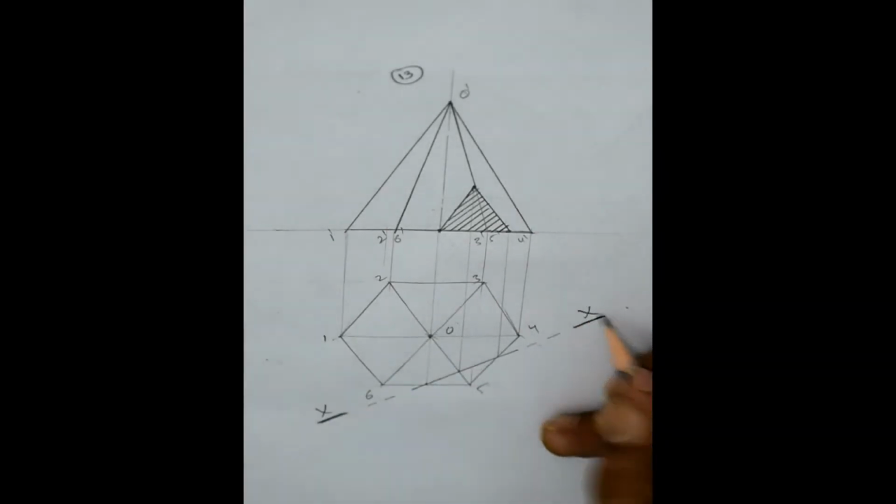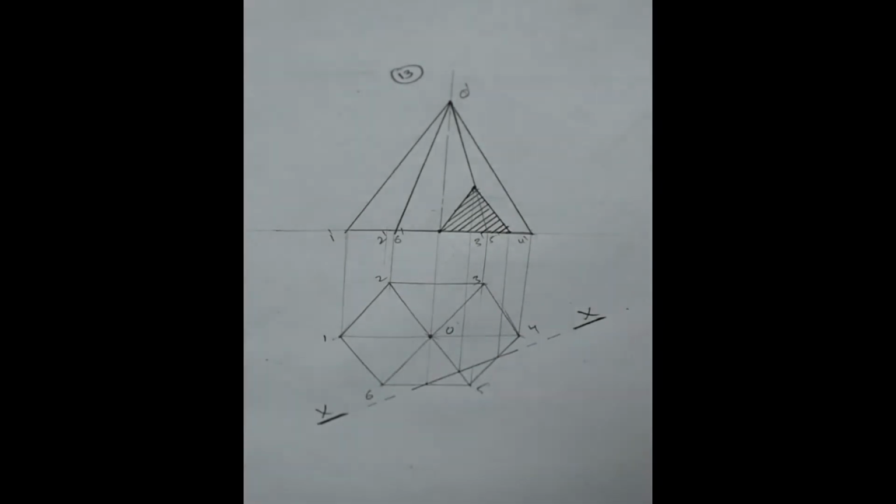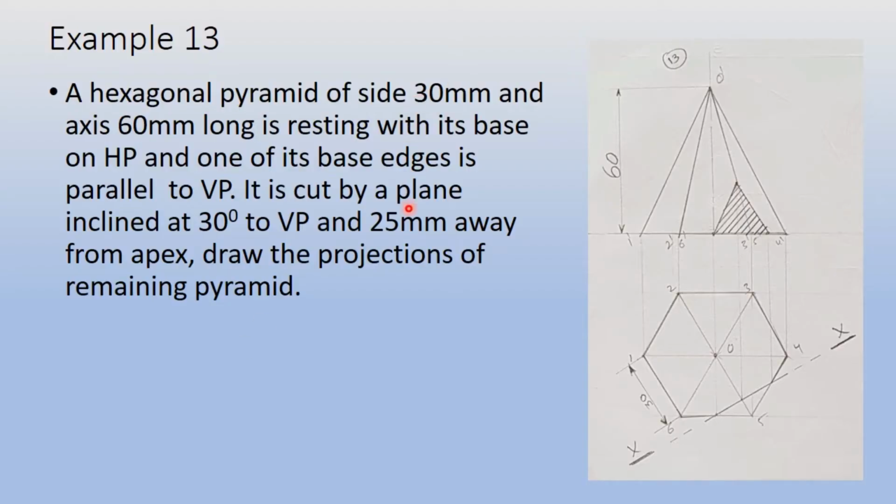This is your section plane. It's cutting, and this portion has been removed. So this is the final solution of example 13, hexagonal pyramid directly resting with its base on HP, the cutting plane being inclined to VP. This angle is 30 degrees. It's not mentioned here, but you can observe this angle is 30 degrees.